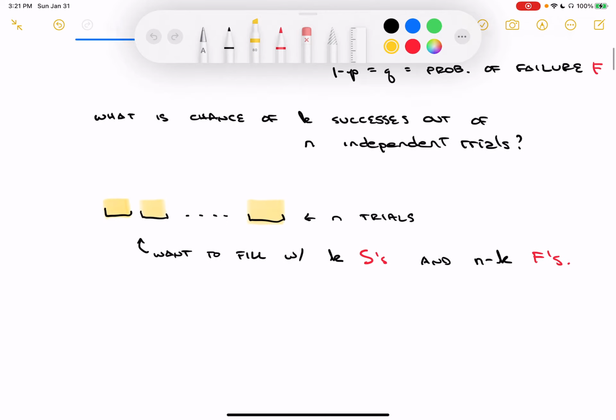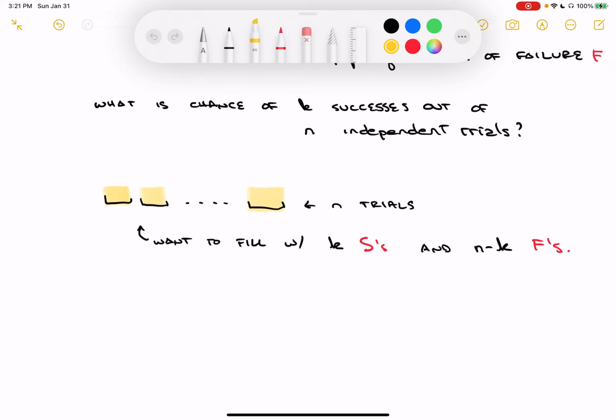How many different ways are there for me to fill those bins with k S's? Well, that's a counting problem that we had looked at before. The number of combinations, the ways to fill k bins with S's, and it doesn't matter the order that I fill those bins.